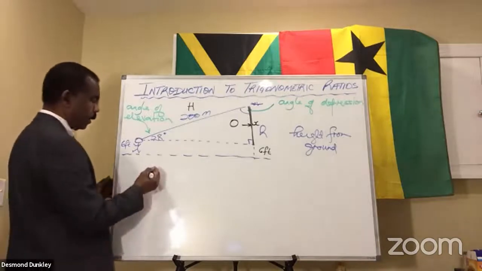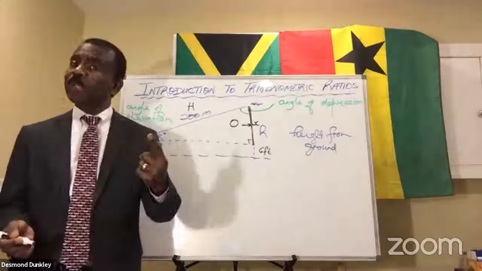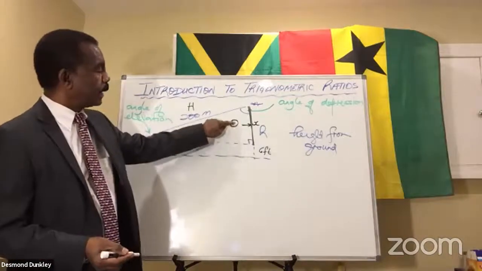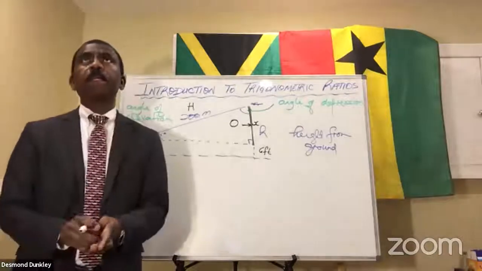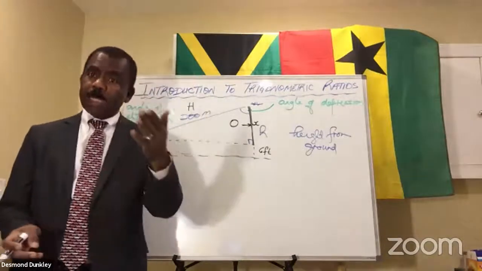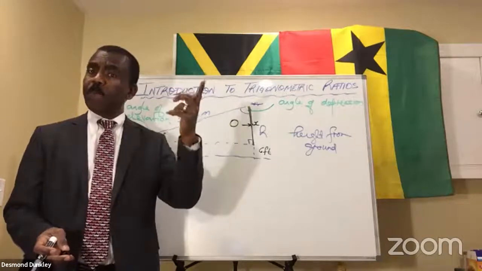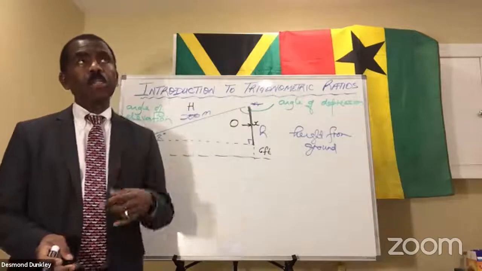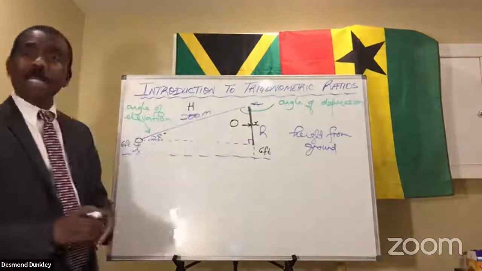So which trigonometric ratio deals with opposite and hypotenuse? Is it tangent, TOA, opposite and adjacent? No. Is it cosine, CAH, adjacent over hypotenuse? No. Is it sine, opposite over hypotenuse? Yes, it is.